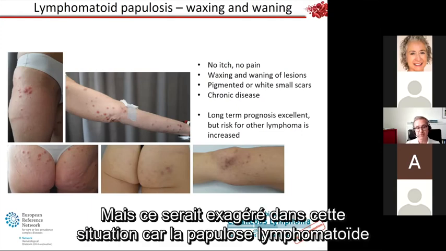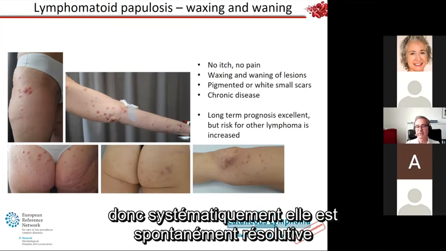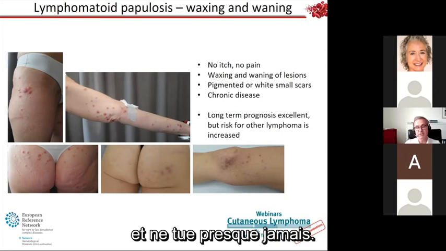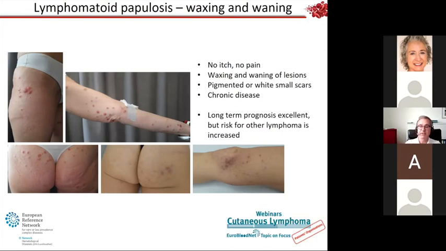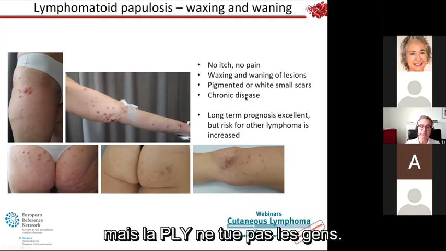But that would be absolutely exaggerated in this situation, because lymphomatoid papulosis is a waxing and waning disorder, and invariably is self-limited and virtually never leads to death. It's a chronic disease, that is unfortunately true, but people do not die from LYP.